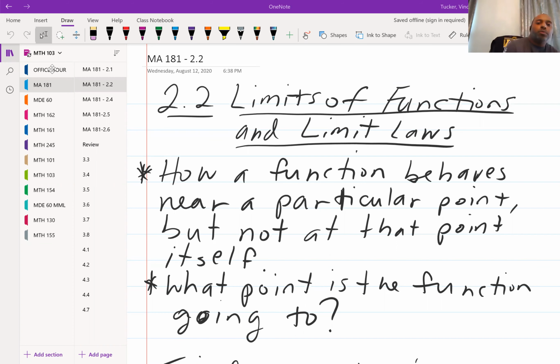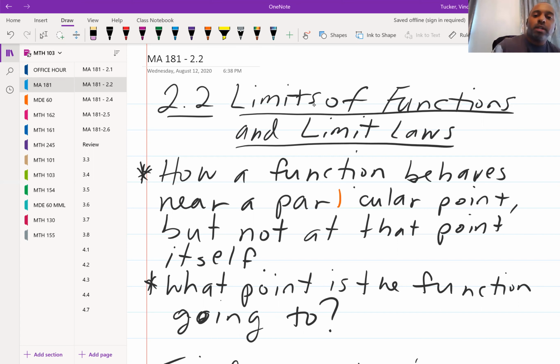So 2.2, limits of functions and limit laws. When we talk about limits and the limit of a function, we're talking about how a function behaves near a particular point, but not necessarily at that point itself.